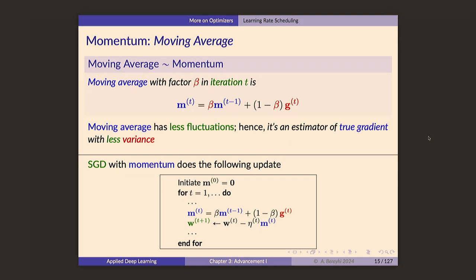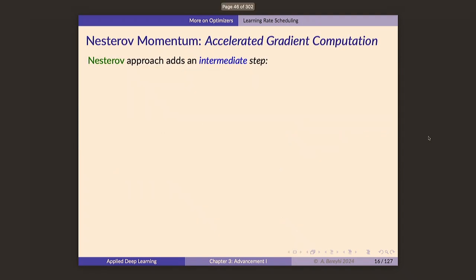Yeah? So SGD that you have in PyTorch has momentum, but by default it is 0. Then you can just change that momentum factor to be something non-zero, and then you're going to get better convergence. Clear?